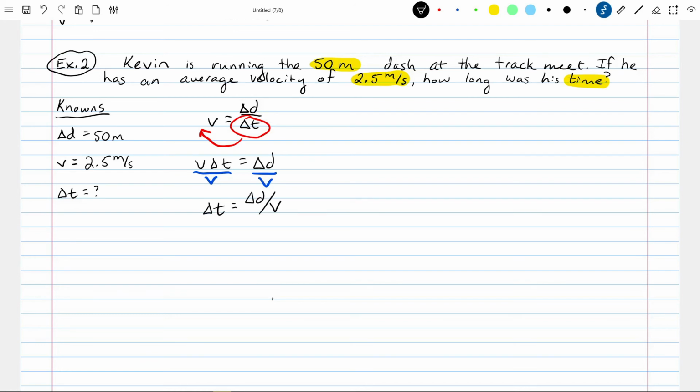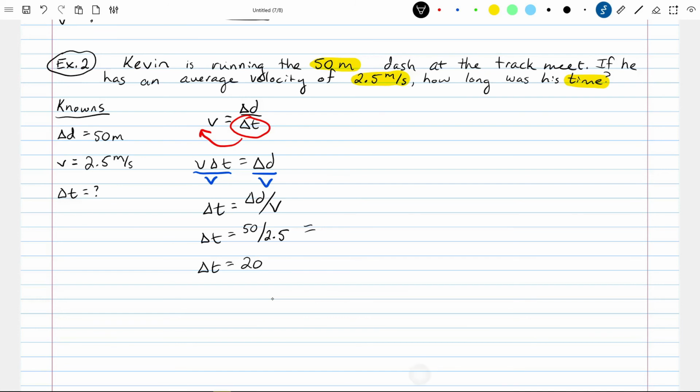Now we're ready to plug in our numbers. Delta t equals 50 divided by 2.5. Delta t equals 20. Now again, if you're not sure what your units are supposed to be for this, we can plug in our units instead.